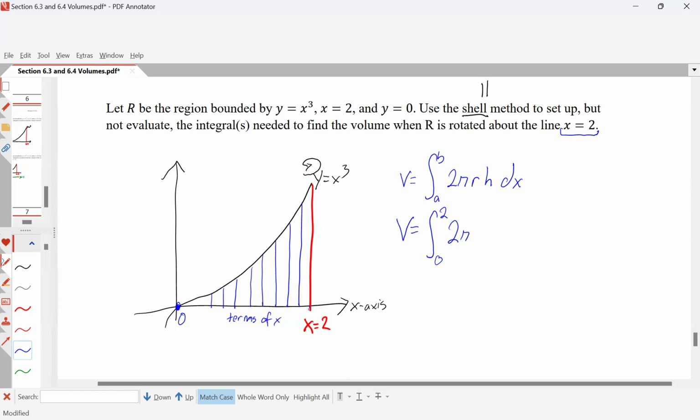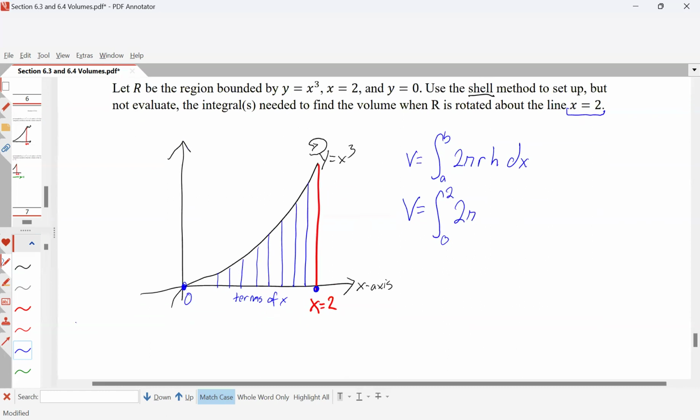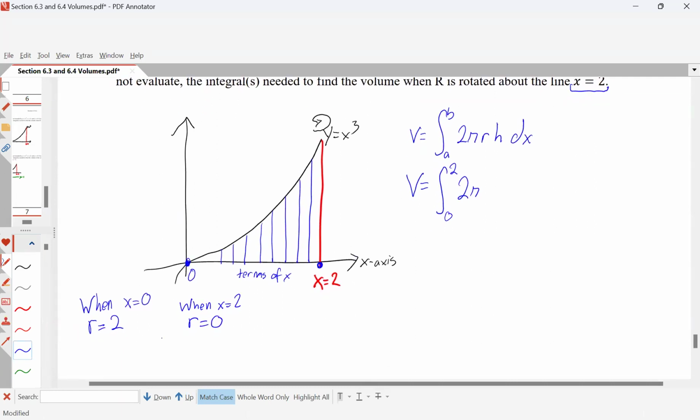So when x equals 0, we want our radius to equal 2. And when x equals 2, our radius equals 0. We really are creating a line. This equation of a line is 2 minus x.